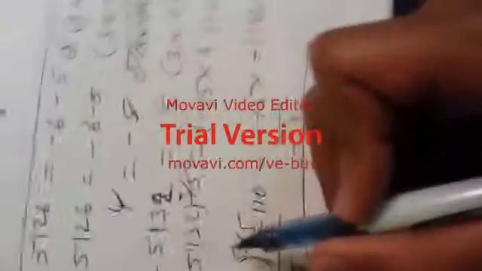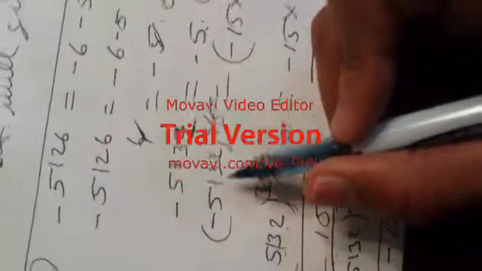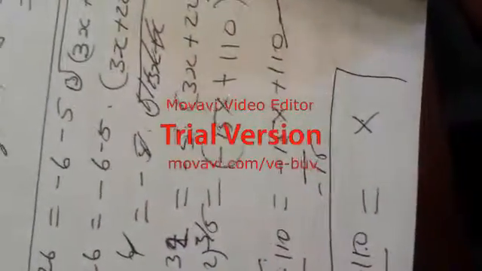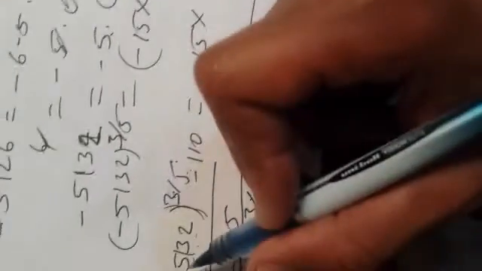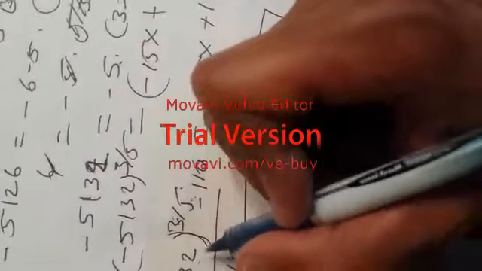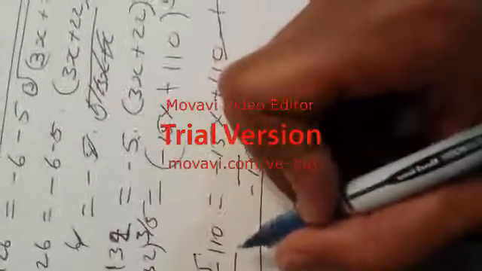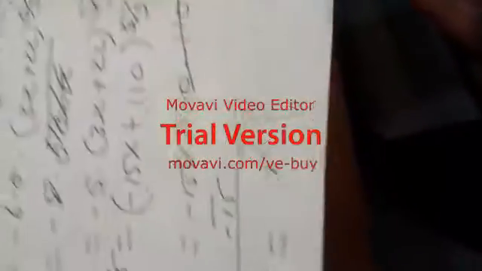And then you multiply the 3/5 to the 5,132 to get rid of the 5 over 3 root over here, and that gives us negative 5,132 to the 3/5 minus 110 is equal to negative 15x.